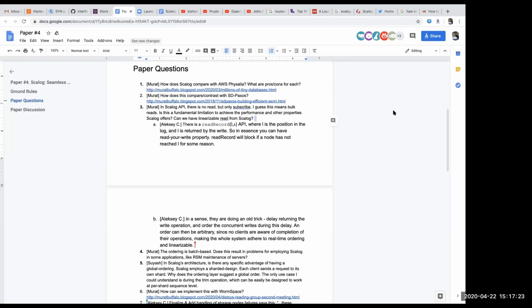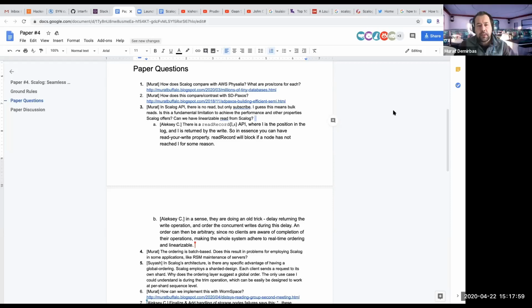I could see only one use case in the paper, which was during the trim, but trim can still be handled on a per-shard basis, based on the sequence number of each shard. I understand this paper's motivation is to have a global order, but I couldn't understand why it is required in this specific application. It's a sharded application, and there is no cross-shard transaction notion. In databases or distributed systems, there's a notion of cross-shard transactions, but there's none here. So do we need any global ordering here?